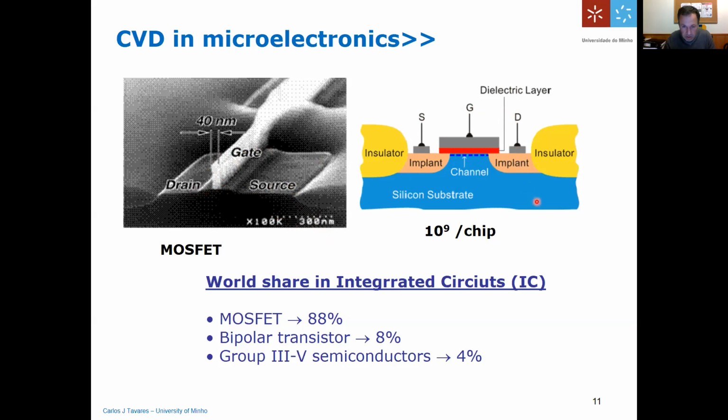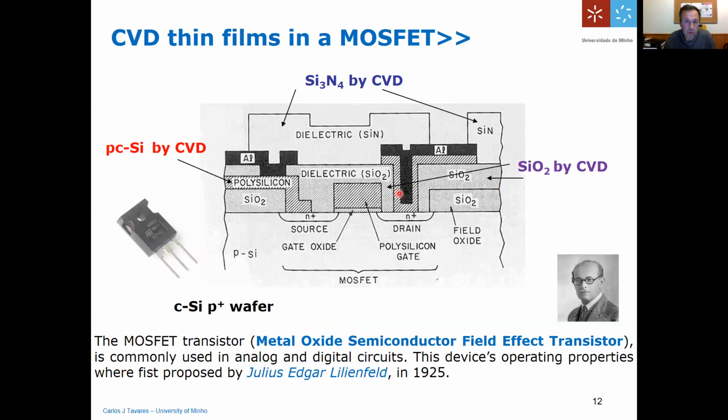of this device. So let's look here at this MOSFET transistor. MOSFET is an abbreviation; it means metal oxide semiconductor field effect transistor. And this was developed in the early stages by Julius Edward Lilienfeld in 1925.